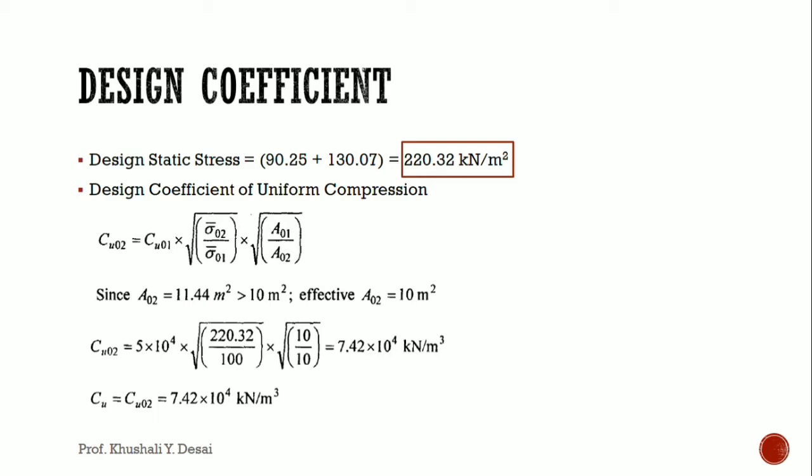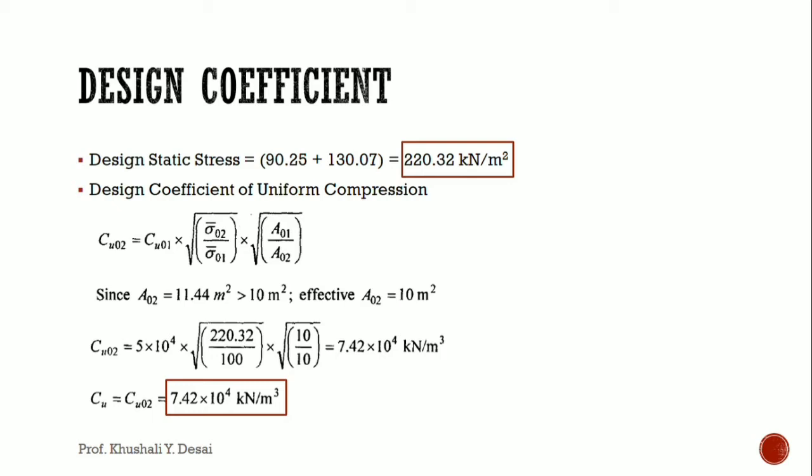A01 is 10 meter square, while A02 is ideally 11.44 meter square, but any value above 10 meter square will be taken as 10 as it is. So the value of the design coefficient of uniform compression comes out to be 7.42 into 10 raised to 4 kN per meter cube.